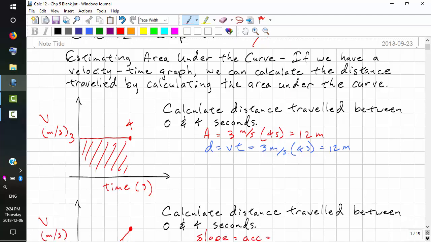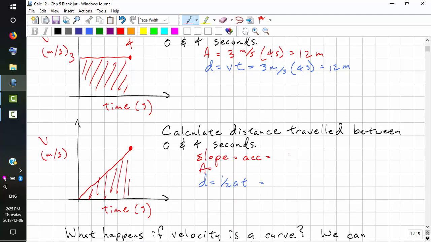Let's look at the next problem. Calculate the distance traveled between 0 and 4 seconds. We have a velocity time graph again. We have a slope of 1 meters per second squared. And the formula is d equals 1/2 a t squared, and that's for when the initial velocity is 0.